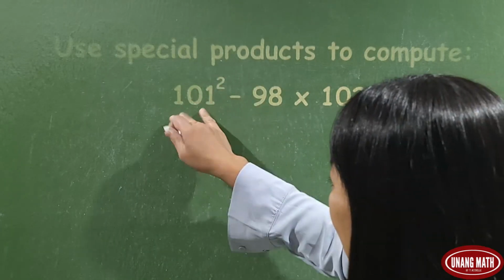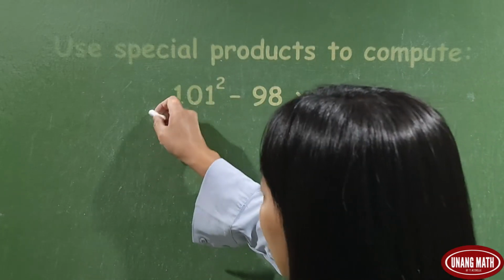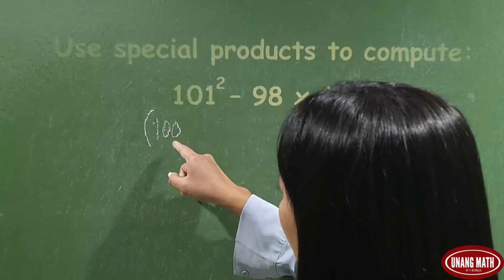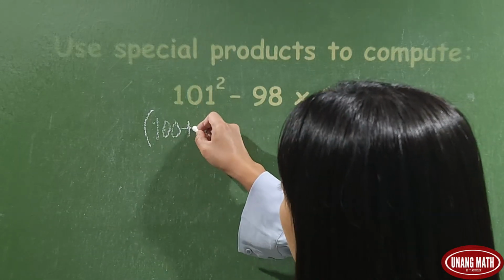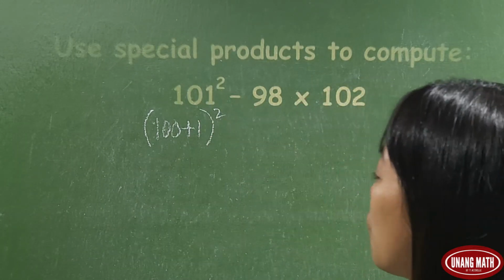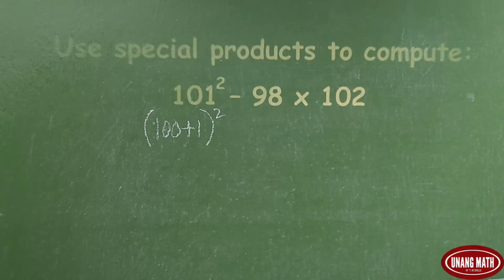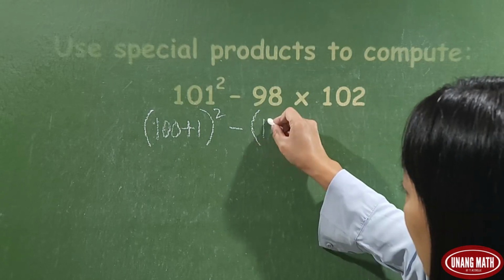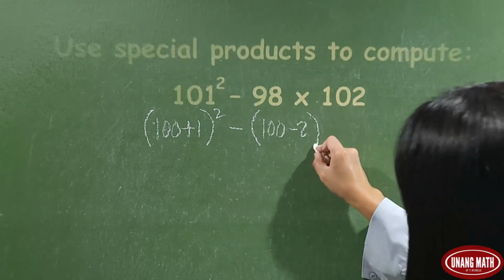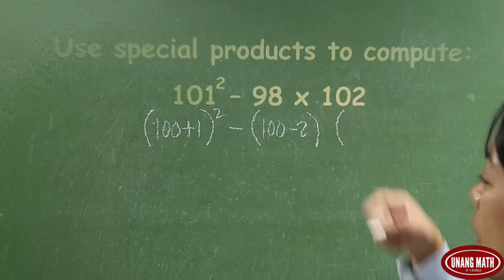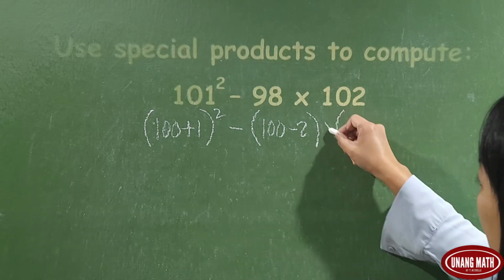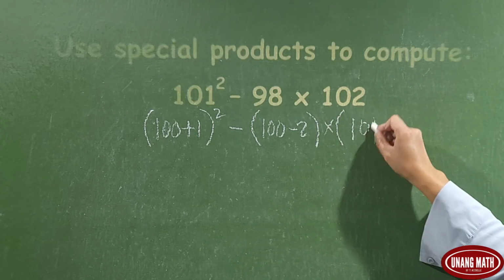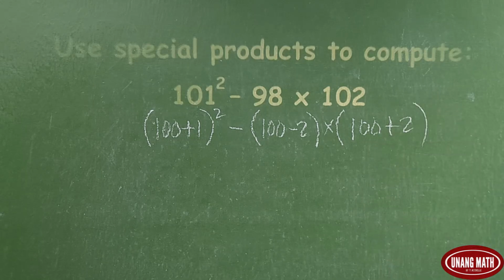So this can be written as 100 plus 1 raised to the power of 2, minus 98 can be written as 100 minus 2, times 102 can be written as 100 plus 2.